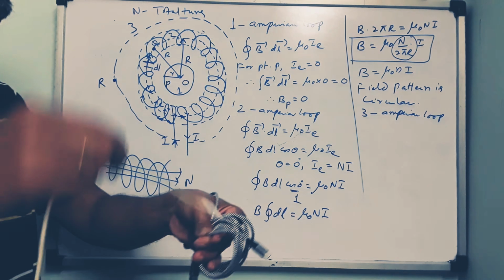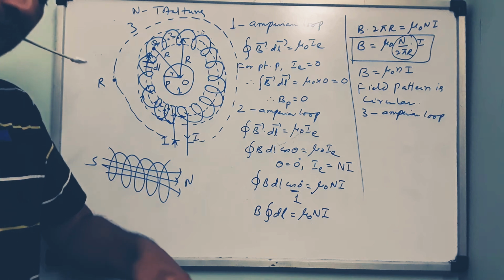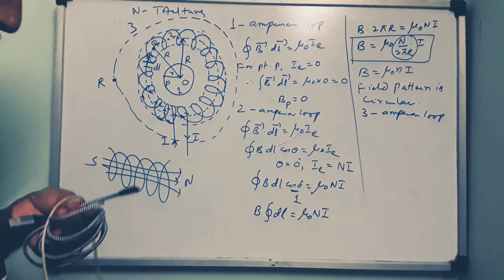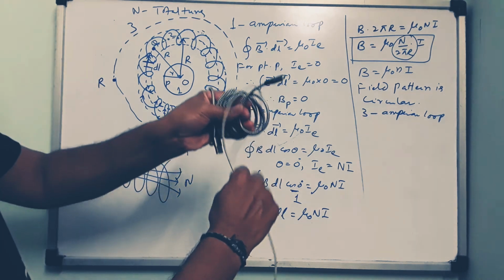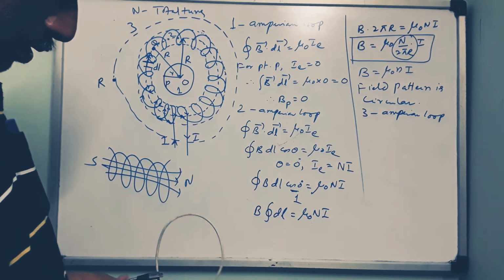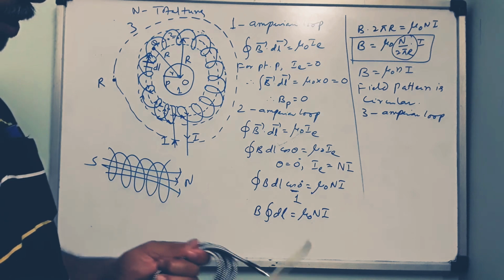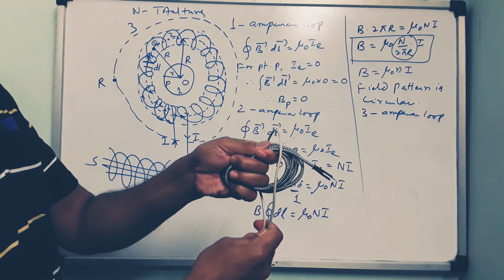Amperian loop, how should it be? It should be like this. Children, it should be along the length of this one. Like this. This is the Amperian loop, the third Amperian loop.